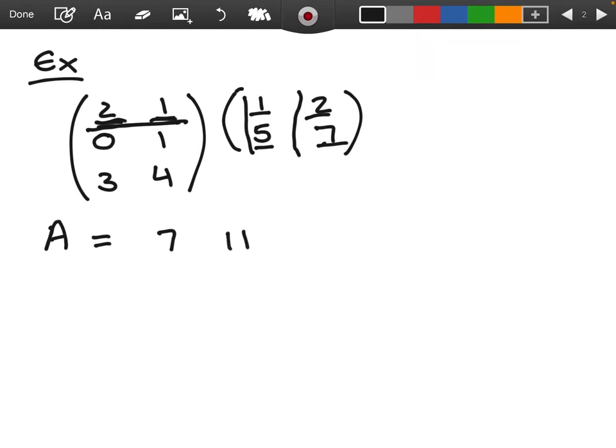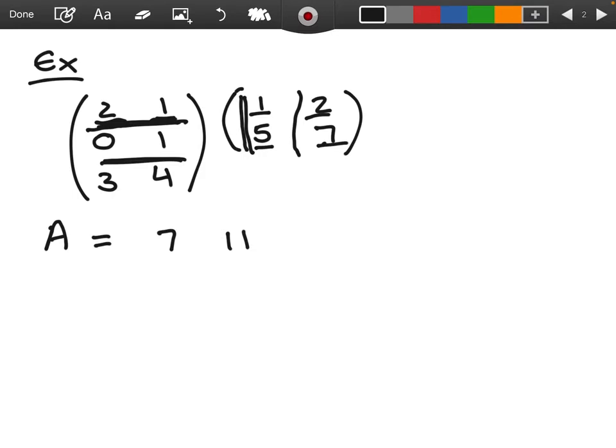So my A12 entry is going to be 11. I don't have any more columns in my second matrix. I've exhausted my second matrix because I've done this row dot product with every column that I can in my second matrix. So I now move on to my next row.